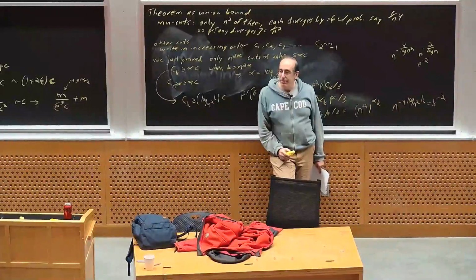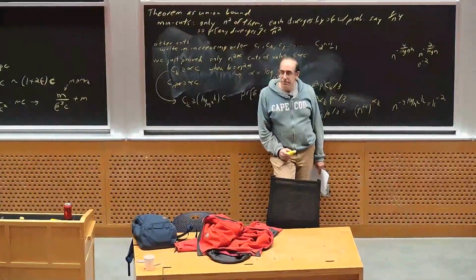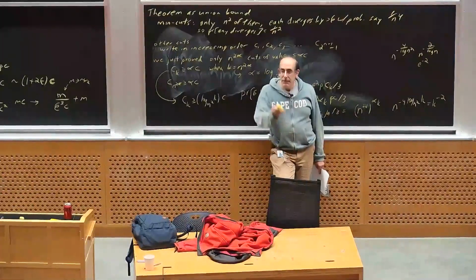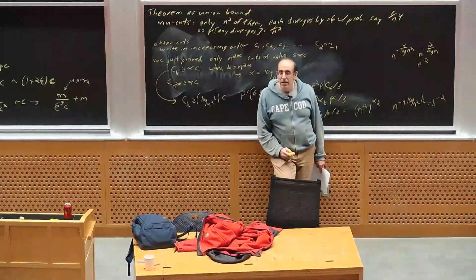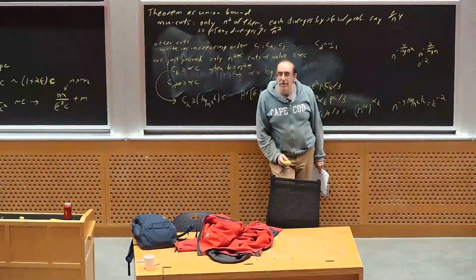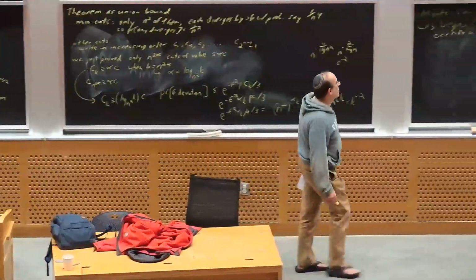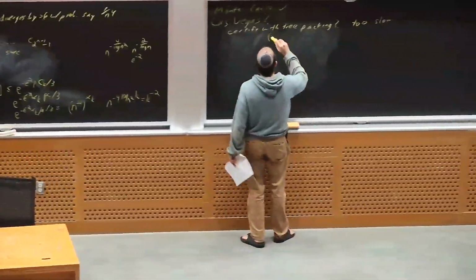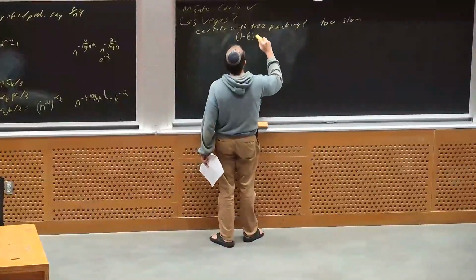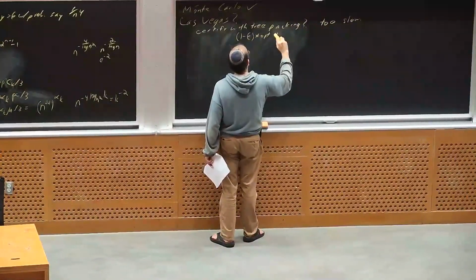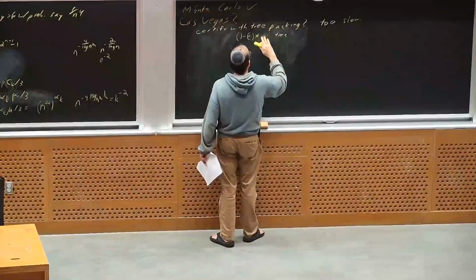What would be enough? Exactly. Certify with some sort of 1 minus epsilon times optimum. Or let's just say C.